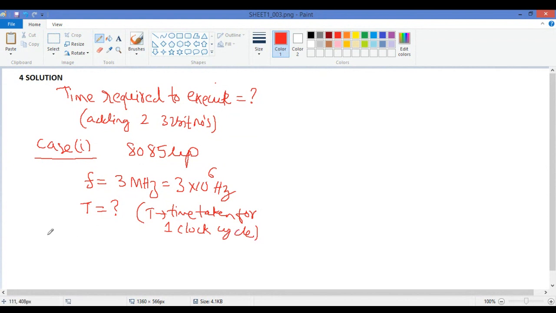So here I will write T is equal to 1 by f, 1 by 3 into 10 to the power of 6. So this will be 1 by 3 into 10 to the power of minus 6. 1 by 3 is 0.333 microseconds. Correct?